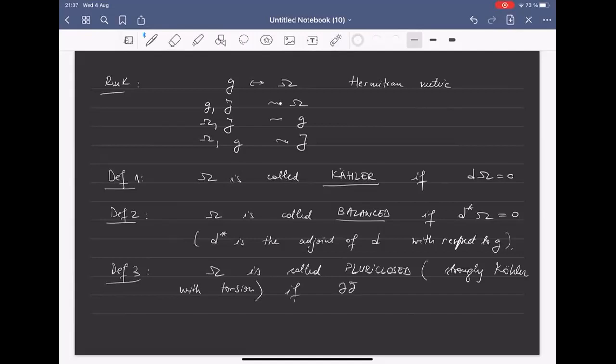So if ∂∂-bar of omega equals 0. Here I denote by ∂ and ∂-bar the two components of d. As you already know from the complex geometry course, the exterior derivative splits as the sum of ∂ plus ∂-bar, where this ∂ operator sends (p,q)-forms into (p+1,q)-forms, and ∂-bar is the part of d sending (p,q)-forms into (p,q+1)-forms.